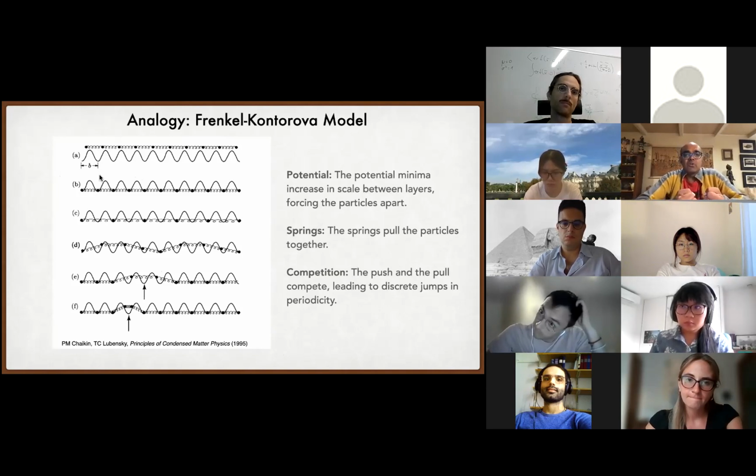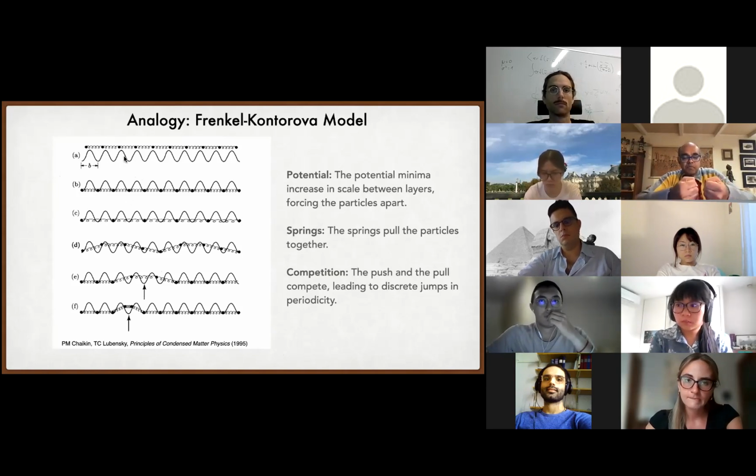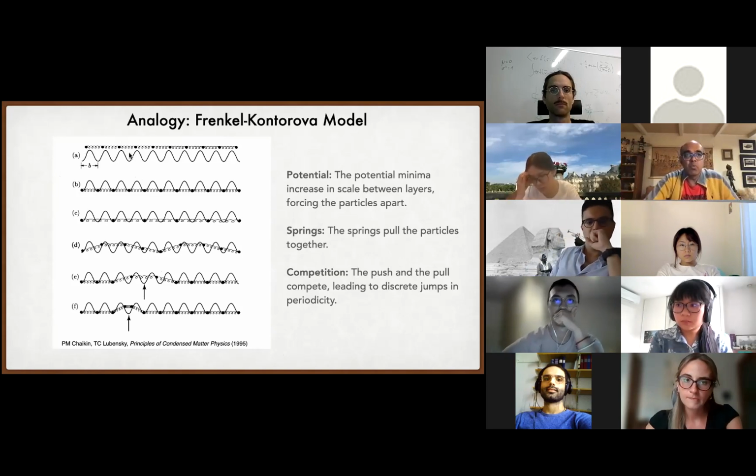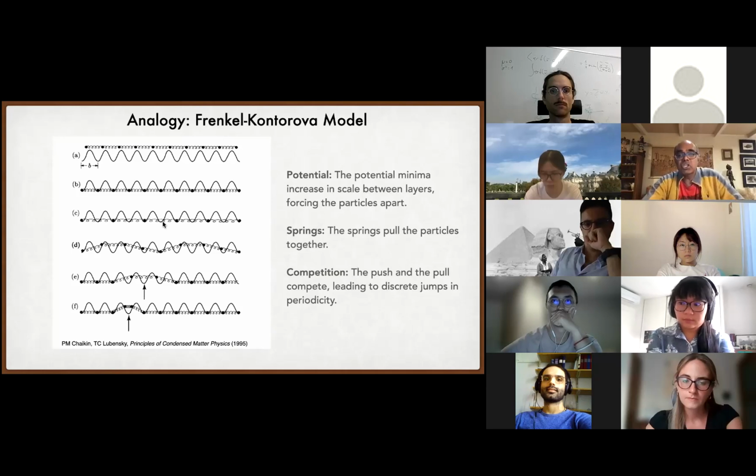And then what you can do is you can use this potential to move the particles apart. So the particles want to sit at the bottom of these energy landscapes. On the other hand, the springs are trying to pull them together. So if you do this, then there's a push and a pull.